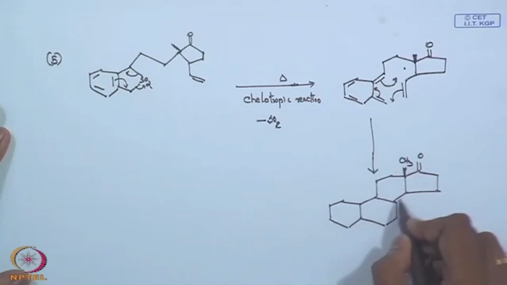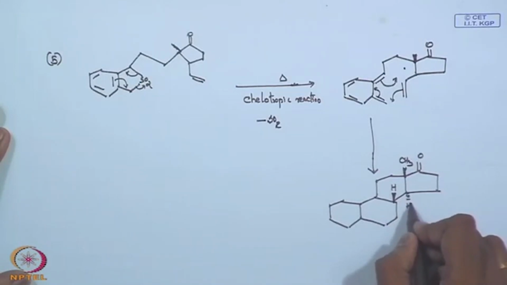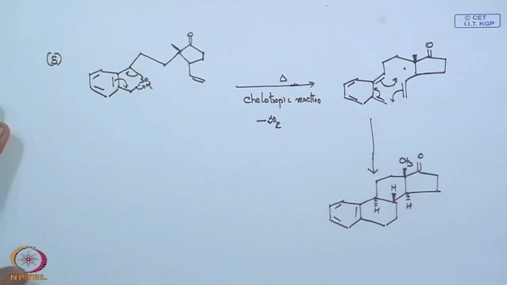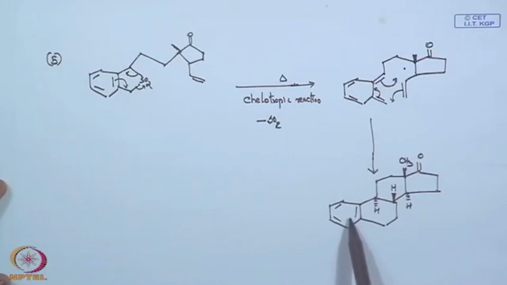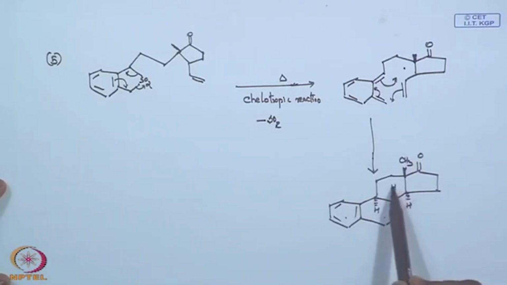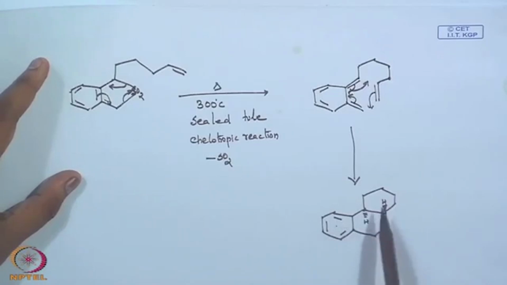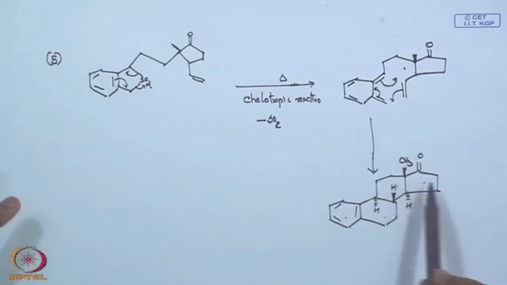Methyl, hydrogen, hydrogen, and your aromatic. See how beautiful it is. What I have seen, A, B, C, D. I have constructed 4 rings in this case. In the earlier class, I showed that I constructed A, B, C. In this case, A, B, C, D rings.